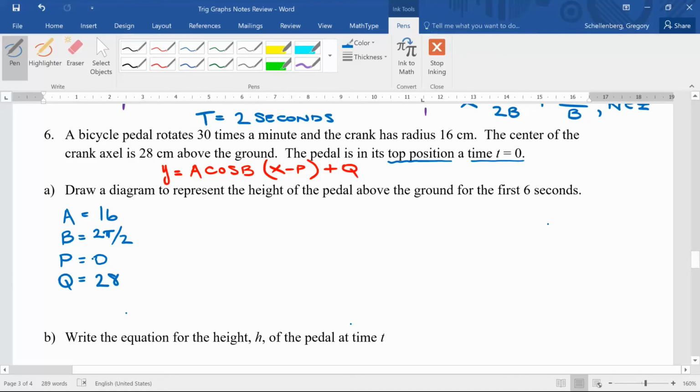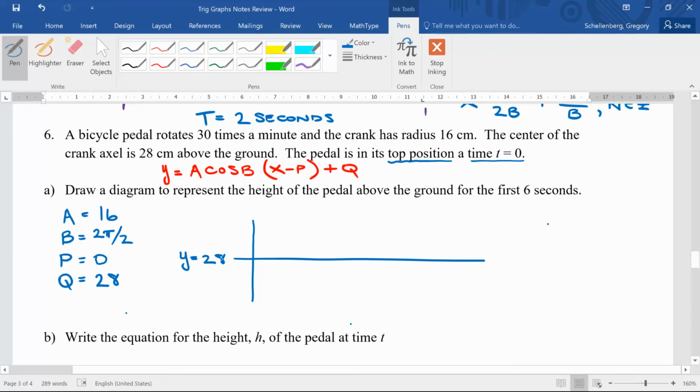So draw a diagram to represent the height of the pedal above the ground for the first 6 seconds. Okay, so that's telling us it wants 3 periods of this relationship. So let's just draw a little graph here. We can label the x-axis y equals q. So this is y is equal to 28.